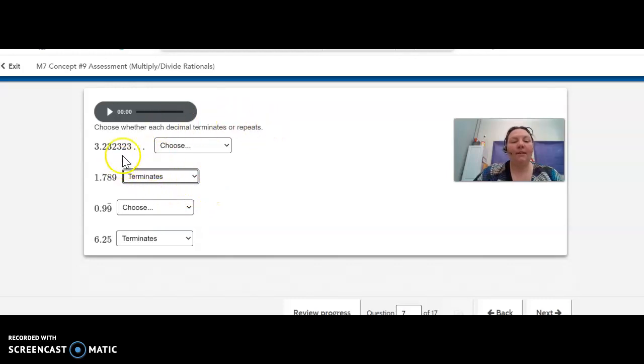A repeating decimal is a decimal that goes on forever, like pi, or like 0.2323232323 dot dot dot. That dot dot dot means it goes on forever. We also should recognize this notation, that bar over the top tells us that it repeats. So there's a quick review of some vocabulary for you in number 7.